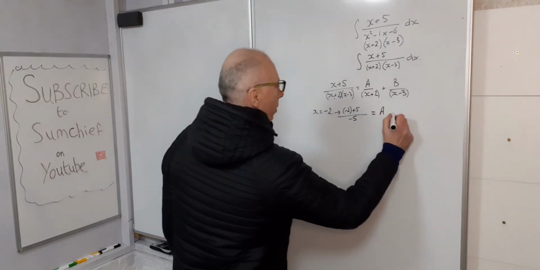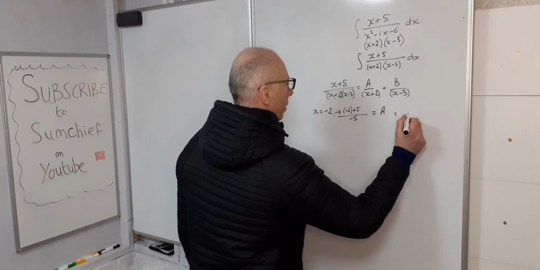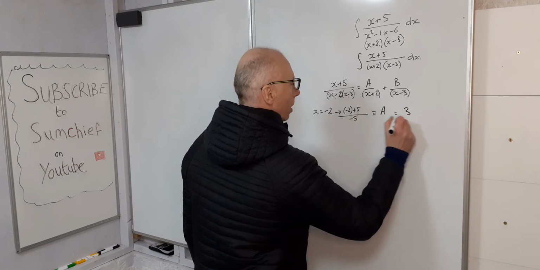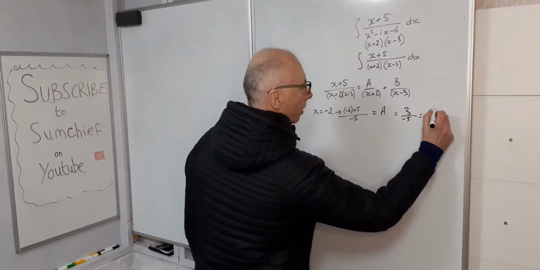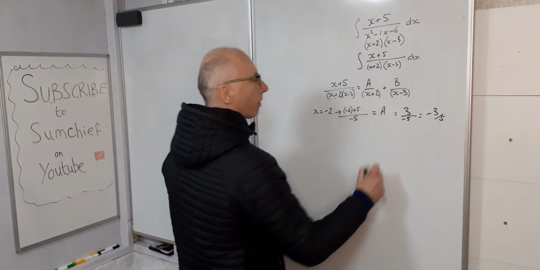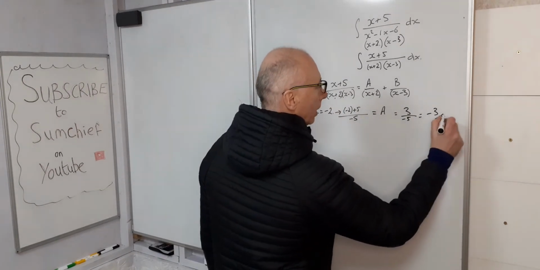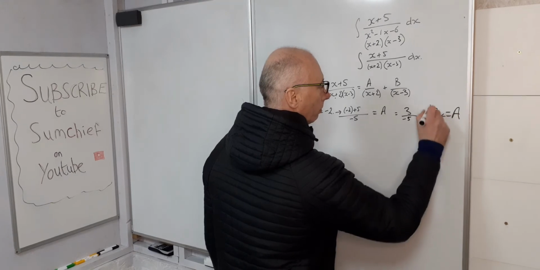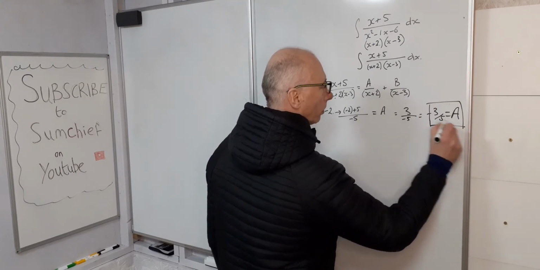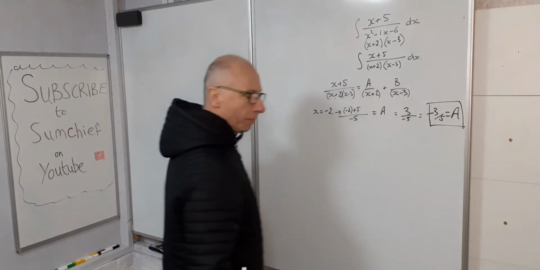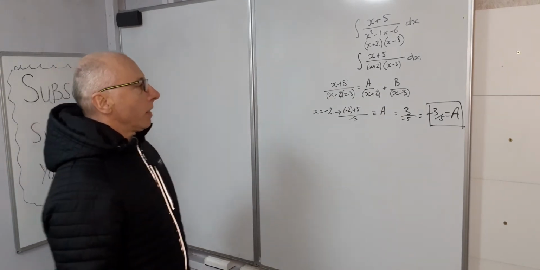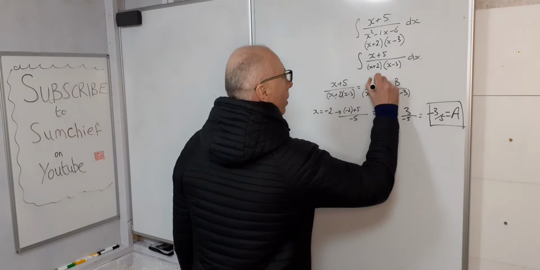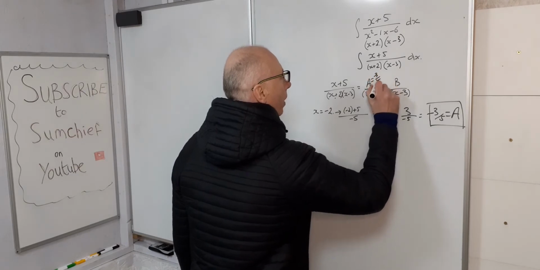So then that gives us minus 2 plus 5, which is 3, and on the bottom minus 5. So that then just gives us minus 3 over 5. So now we know that is our a. Put the minus in there. Okay, so let's just write minus 3 over 5.